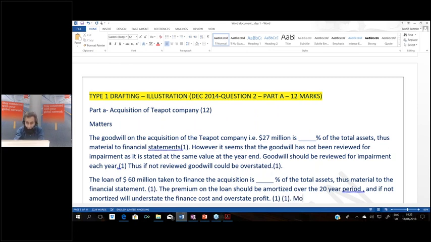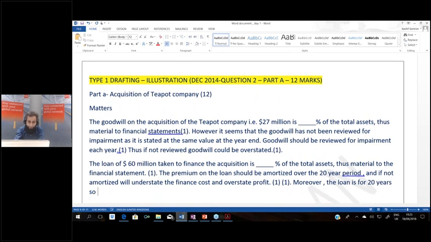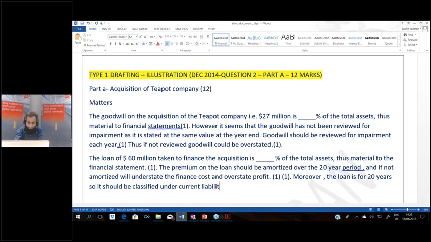Moreover, the loan is for 20 years, so it should be classified under current liabilities and non-current liabilities.